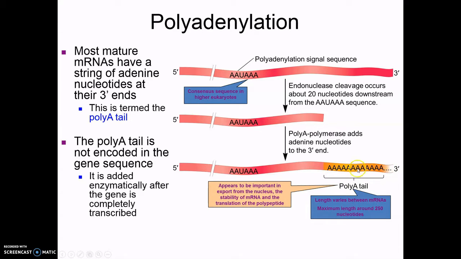The maximum length is about 250 A's added on. Ultimately, the length of the poly-A tail can have an effect on the stability of the messenger RNA. So the longer it is, the longer the messenger RNA lasts before it's degraded. Consequently, you will be able to make more protein from this single message if it lasts longer. So this is yet another way of modifying how much of a protein is produced.